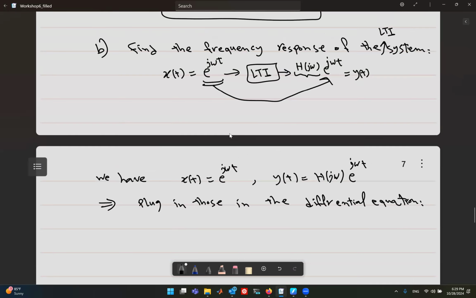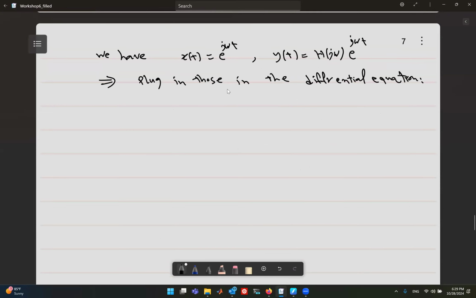Let me rewrite the differential equation just to remember it. x of t equals RC times the derivative of y of t plus y of t.